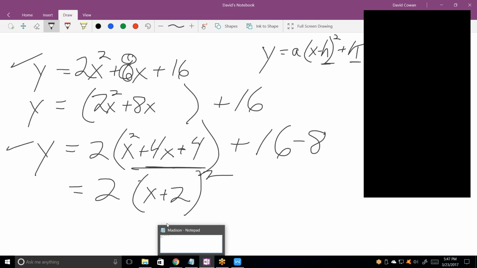Okay, and then plus 8. Plus 8, exactly. And notice now I have it not only in vertex format, but now I know A, H, and K. A is 2, H is minus 2, and K is plus 8.